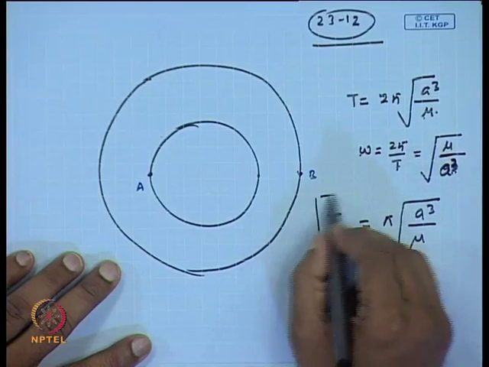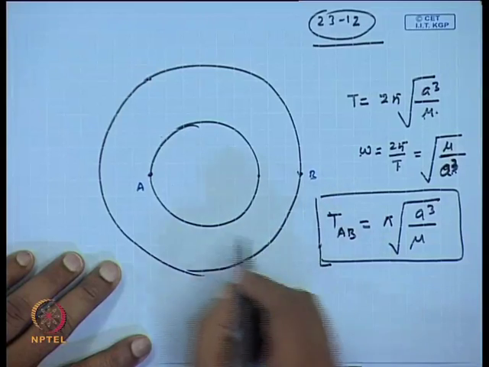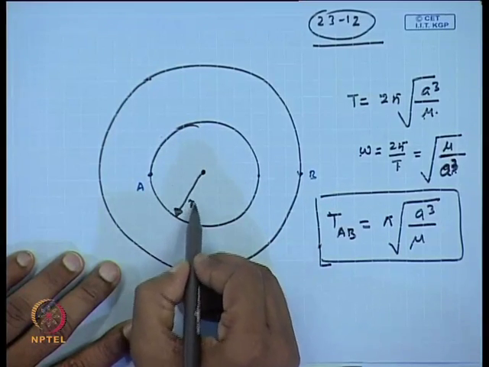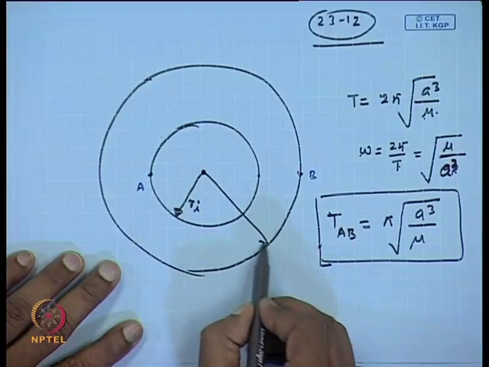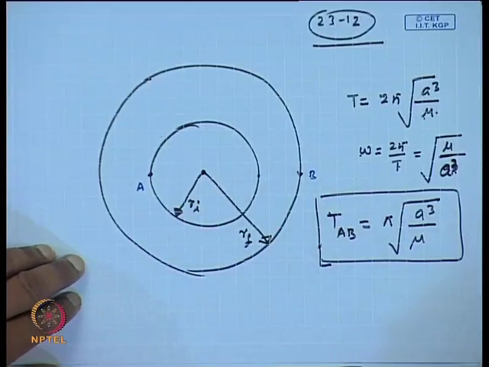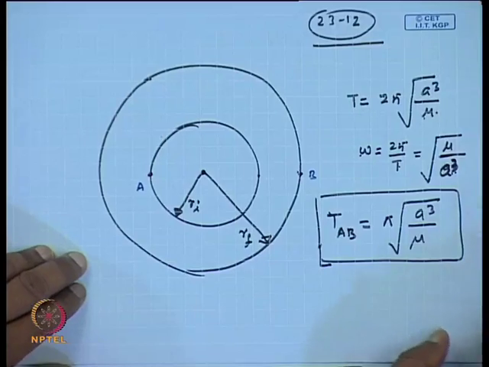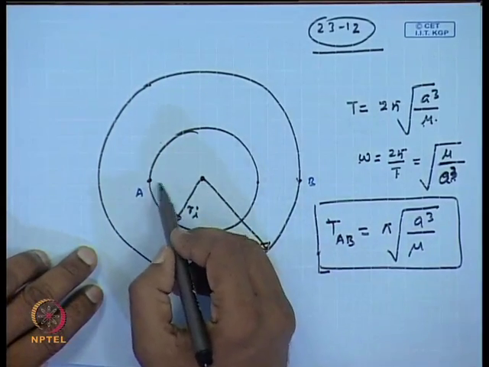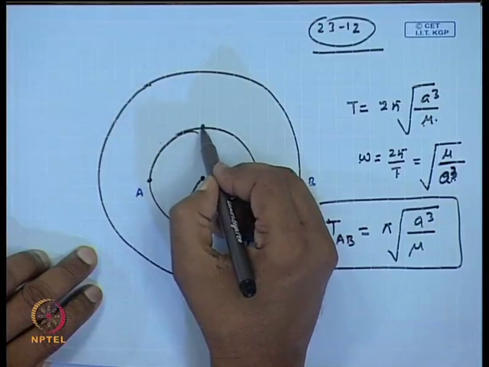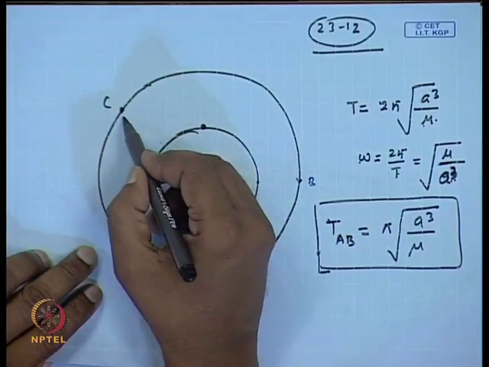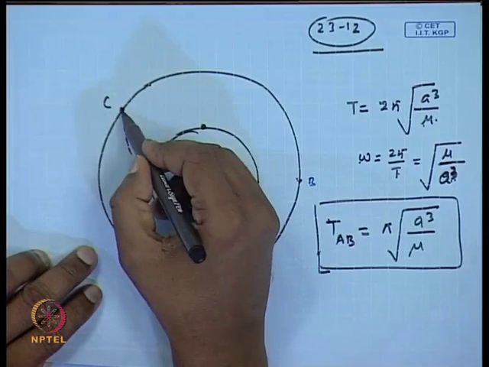So, you can assume that if the radius of the initial orbit, this is r I, is much less than the final orbit, then how much time is it going to consume? Okay, and it is really pathological. So, in that situation, you would rather not do it like that, but transfer from some point, say A, to some point C here along this orbit.